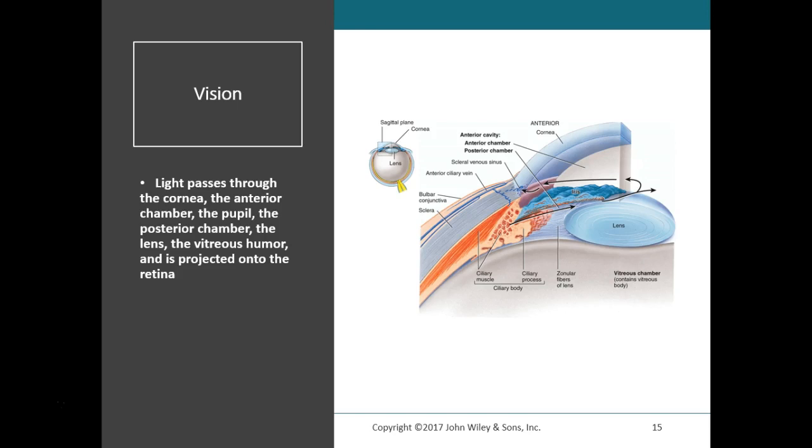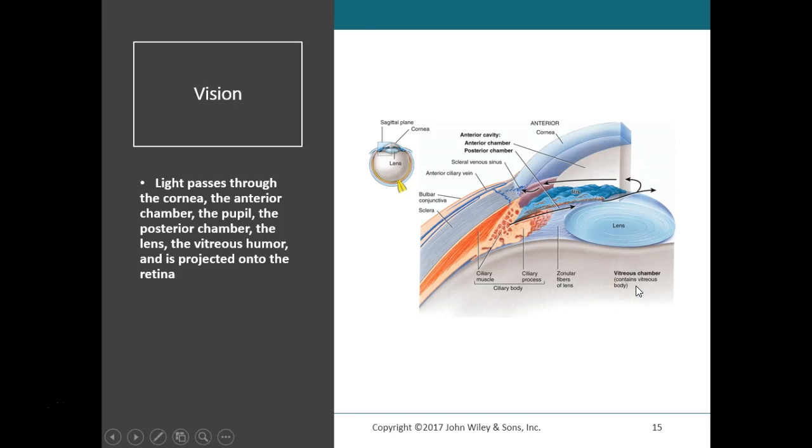The vitreous humor makes up about 4/5 of the eyeball. It also helps to maintain intraocular pressure within the eye, and that is produced by the vitreous humor and the aqueous humor. So the aqueous, remember, is in the anterior cavity, and the vitreous humor is in that posterior and larger vitreous chamber back here.